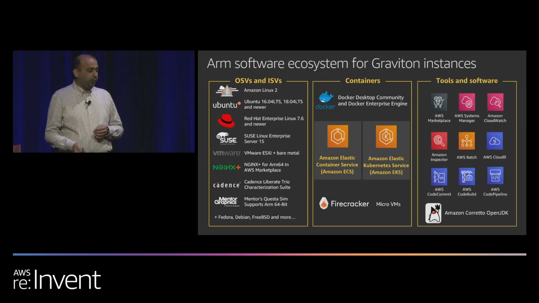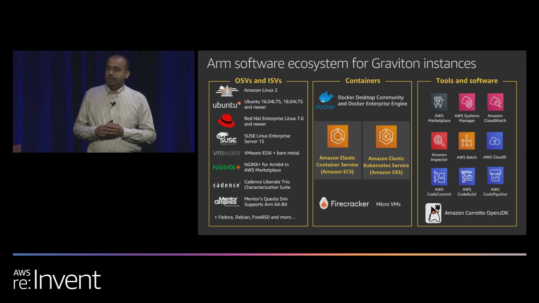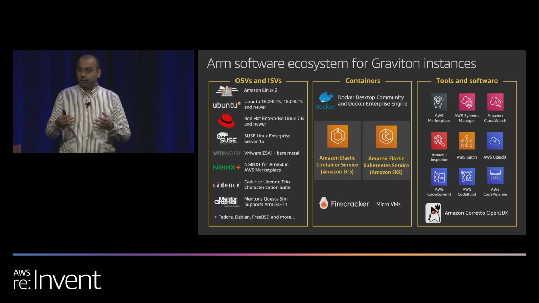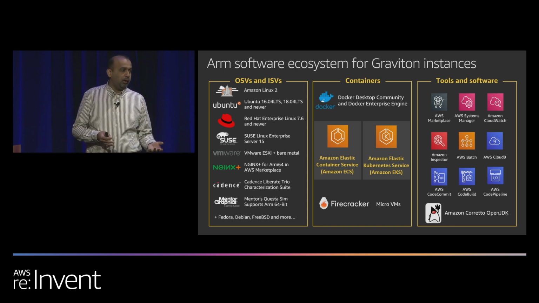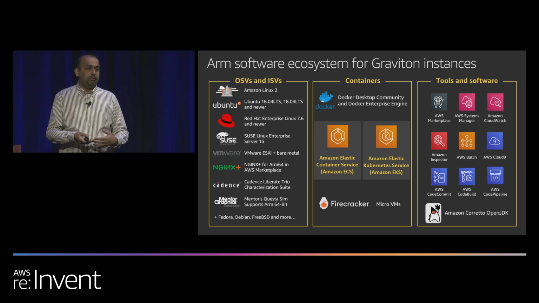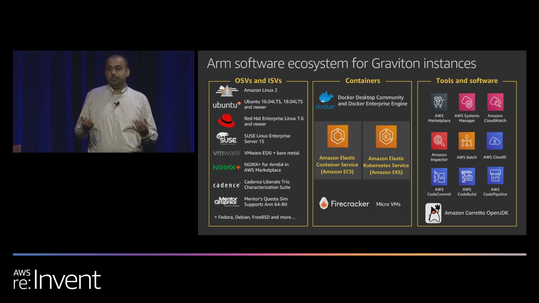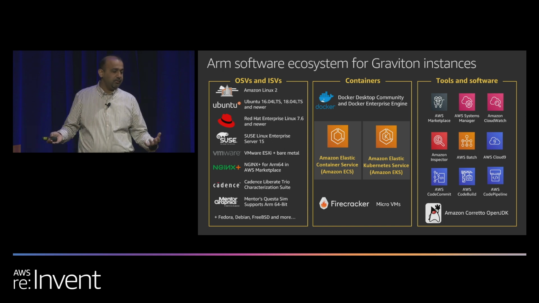In terms of developer tools and developer software, all the popular agents that our customers rely on within EC2 for security or monitoring, such as CloudWatch, Amazon Inspector, or Systems Manager, are fully supported on Graviton as well. From a customer perspective, it looks just like any other EC2 instance. It's a consistent experience.